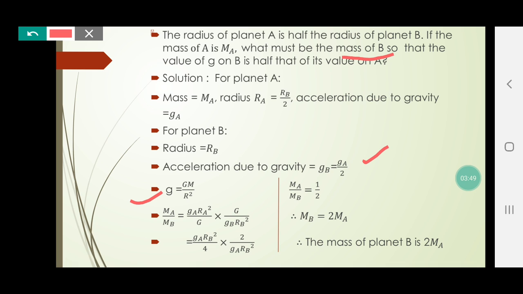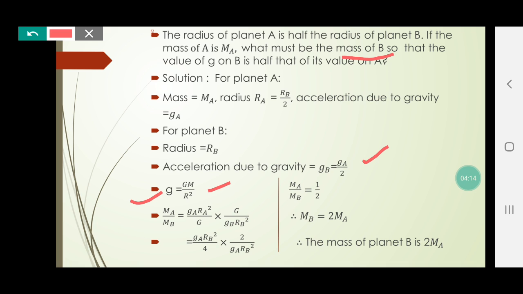After writing, what do I have to do? I have to write in terms of ma by mb. Now to write in terms of ma by mb, what will be the equation? The equation will be, in terms of ma, I have to write this.